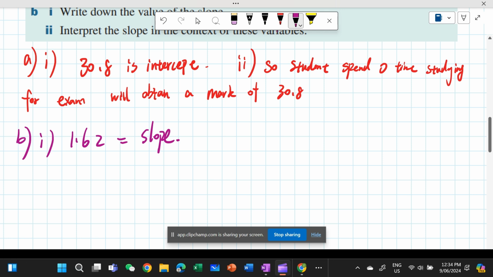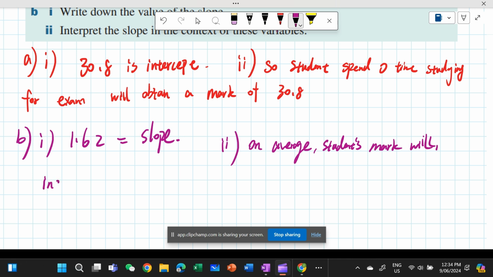That means on average, a student's mark will increase by 1.62 for each additional hour of study.